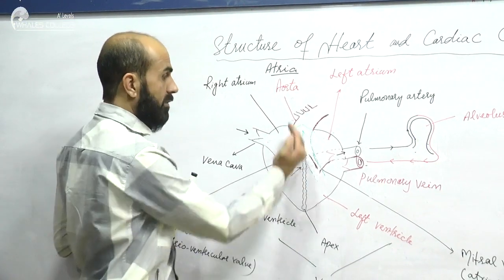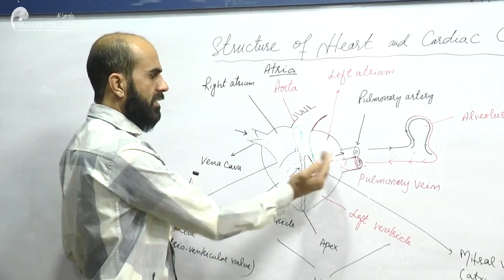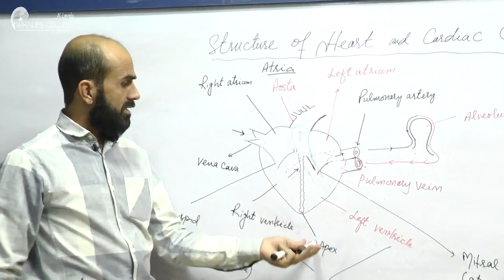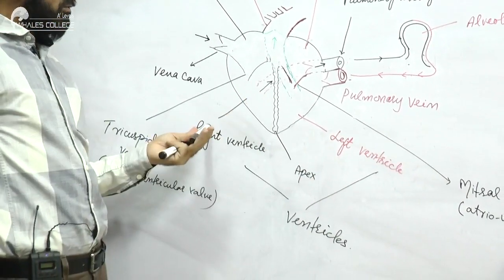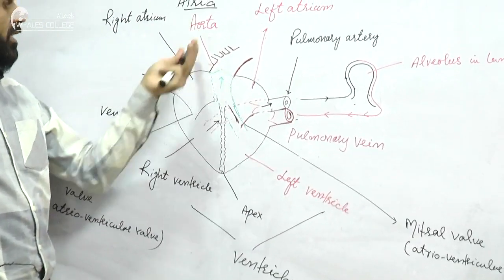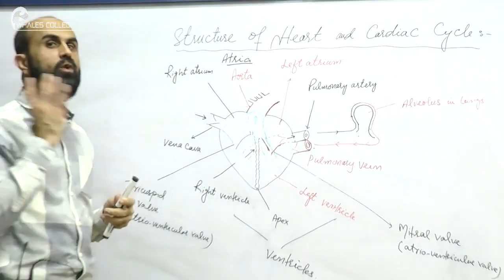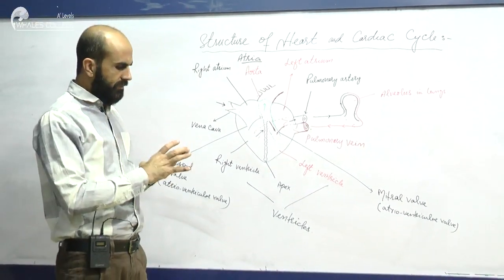And the septum in between further classifies these two sides as right or left. So we have the left ventricle, the right ventricle, the left atrium and the right atrium. So we have four chambers now.